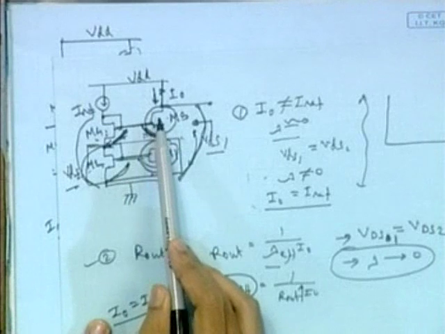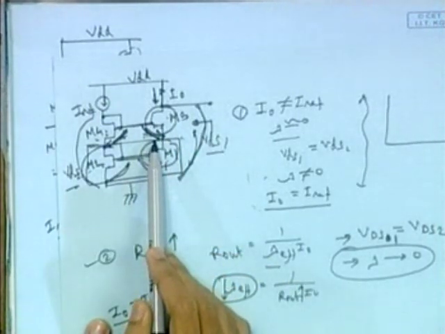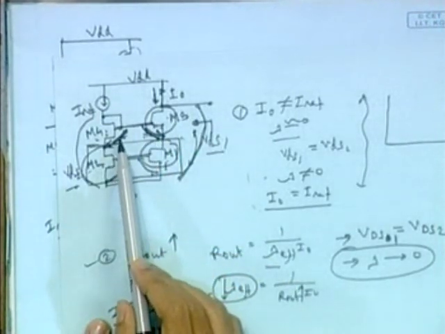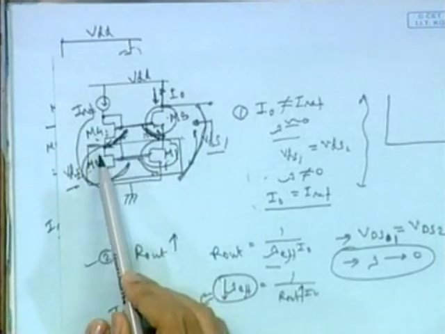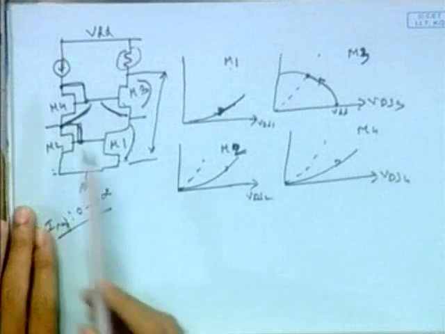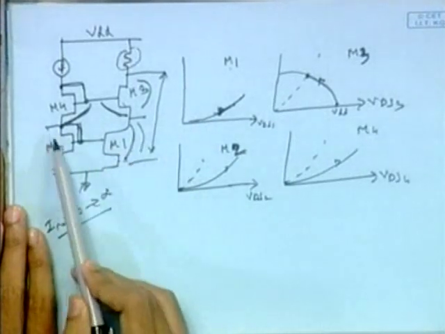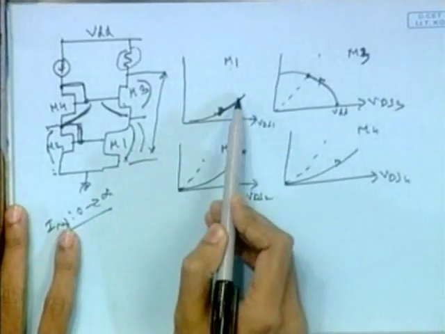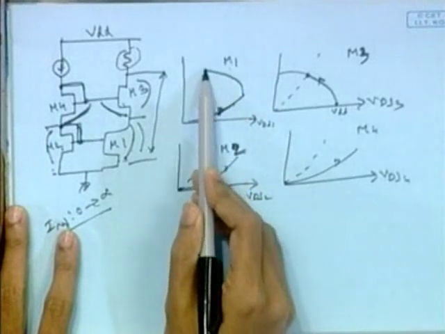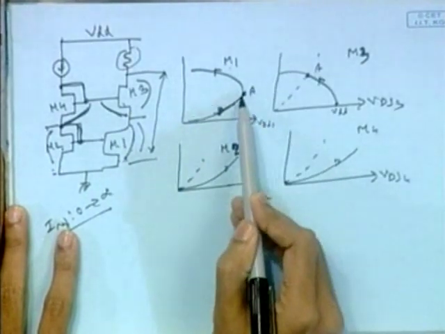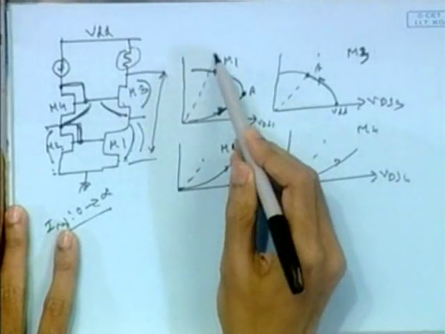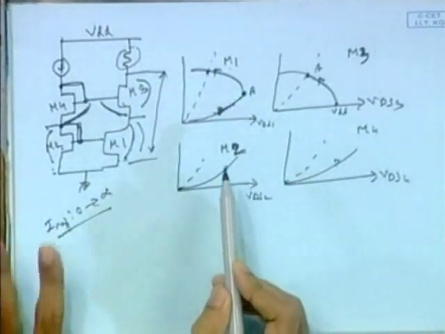So if M3 comes out of the saturation zone, it cannot maintain this equality. So now this VDS1 cannot follow this VDS2. So it will go like this. This is the point A, up to A, and ultimately it will enter the triode zone also.